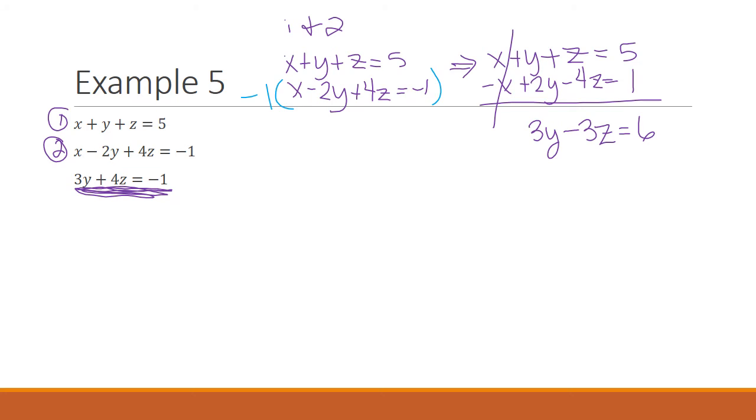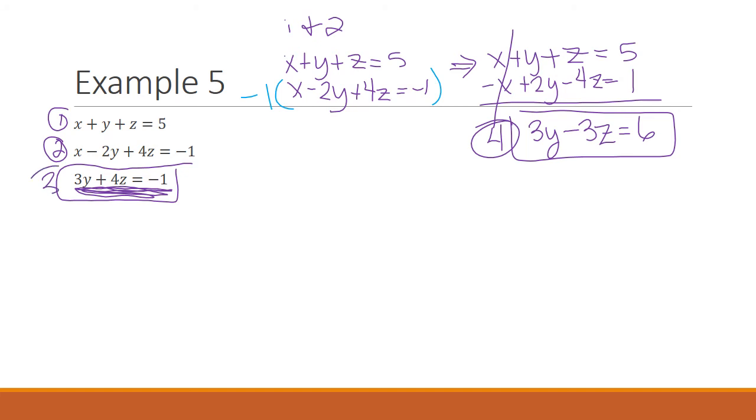Okay, so now I have an equation in 2 variables, and I already have this one in 2 variables. So I don't have to go the extra effort of eliminating a variable from another step. Okay, so I can combine these guys. I've got this one, my 4th equation, and this 3rd equation. So I've got 3y plus 4z equals negative 1, and I have 3y minus 3z equals 6 from over here.